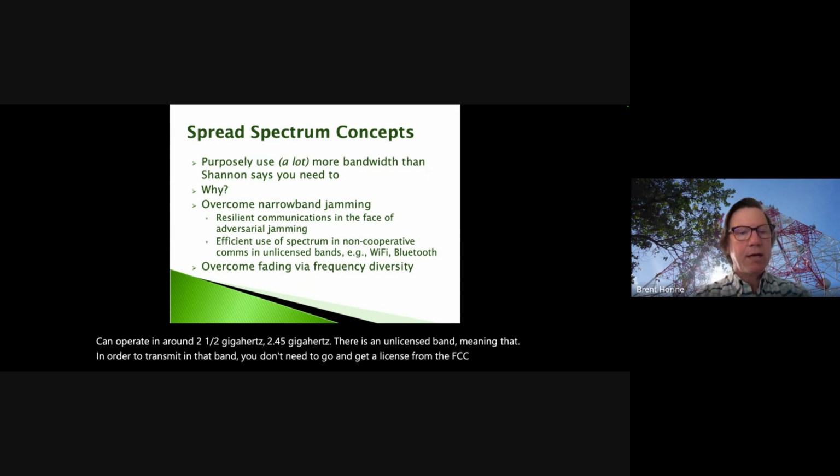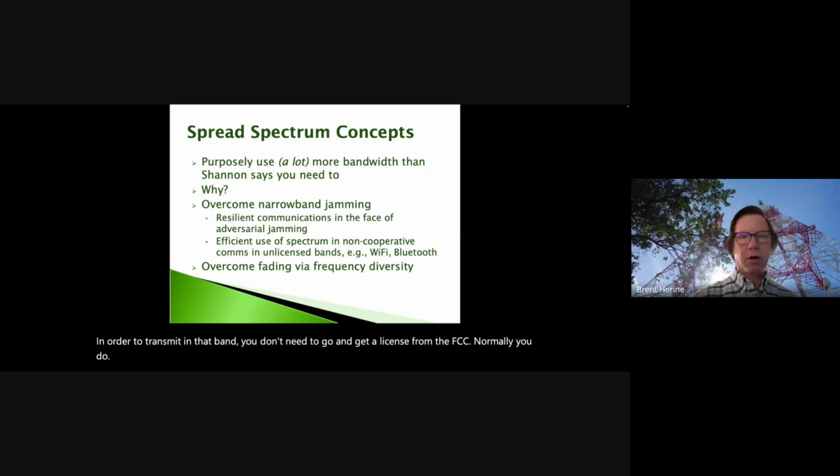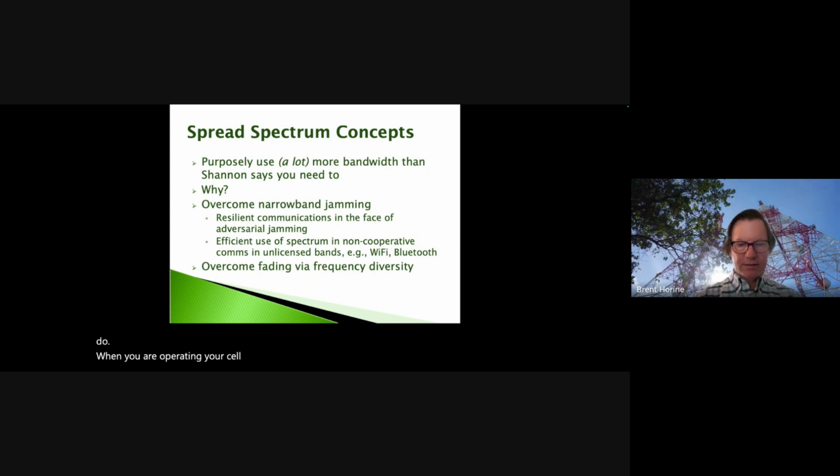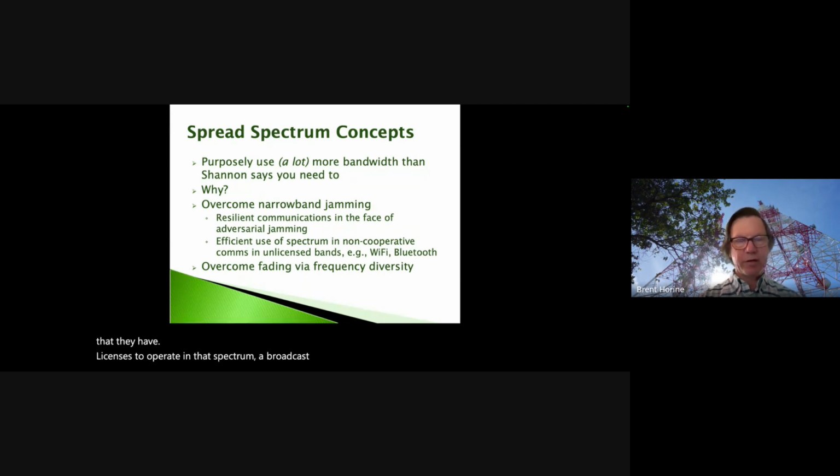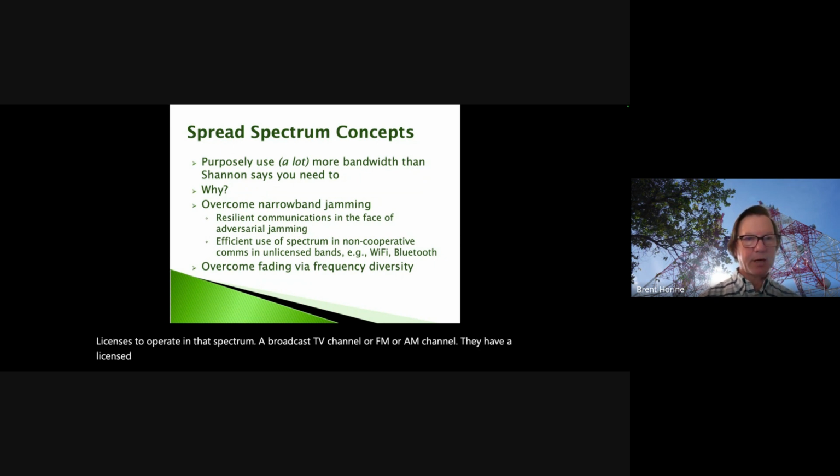Normally you do. When you are operating your cell phone, the cell phone carriers have gone through and made sure that they have licenses to operate in that spectrum. A broadcast TV channel or FM or AM channel, they have a license to operate in their spectrum.